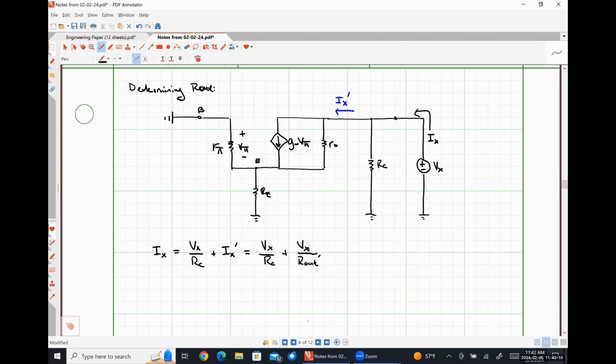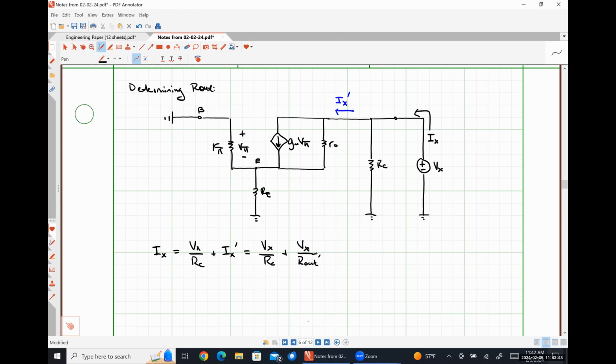Okay. So if I look at this current Ix, we see that it's going to split between these two things, and then it's going to come back together. That current Ix double prime sees this resistor Re in parallel with this resistor R pi. The voltage V pi is just the voltage drop across those two resistors in parallel, and this current is flowing into the negative polarity terminal. Are we all okay with that?